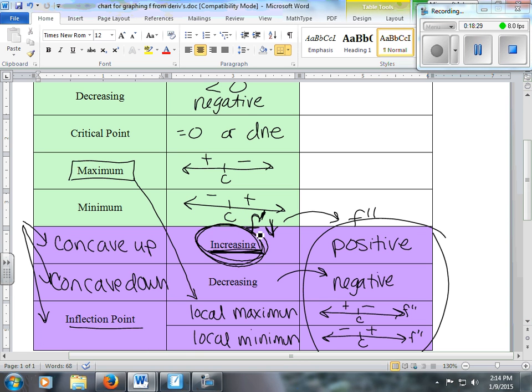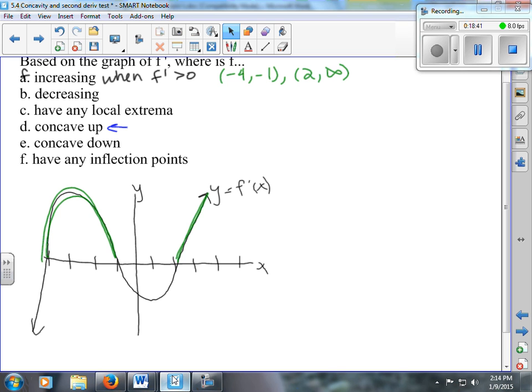And it turns out that if f is concave up, f prime is increasing. So f concave up, f prime increasing. Go back to your question. F is concave up, that's when f prime is increasing. And my picture is of f prime.